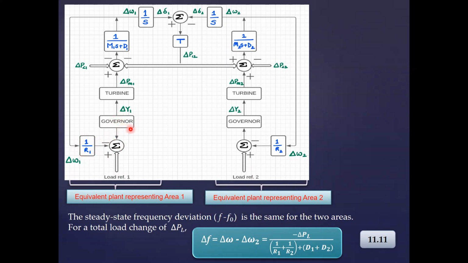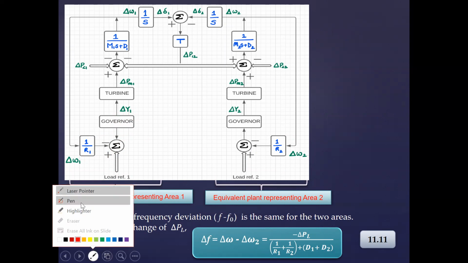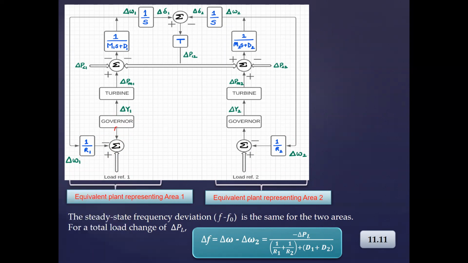Oh, so sorry, this arrow direction should be this way, actually, not this one. So you have the governor, and then you have the turbine. This is the turbine output power. And then here you can see the inertia representation of area 1. So this is the equivalent representation for area 1.